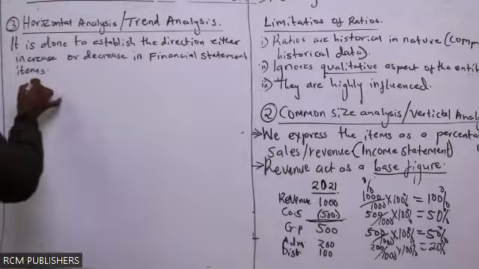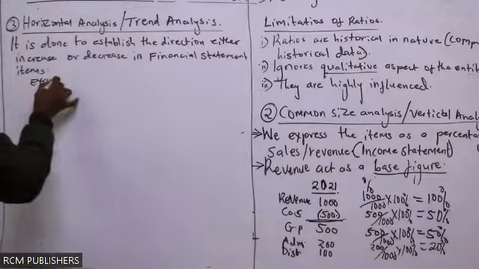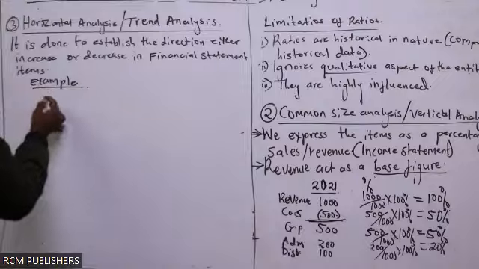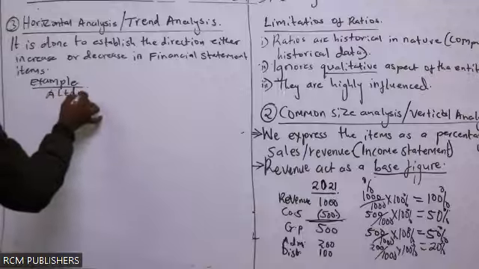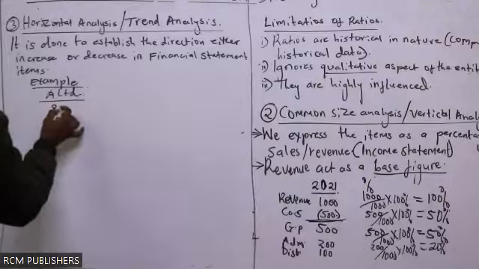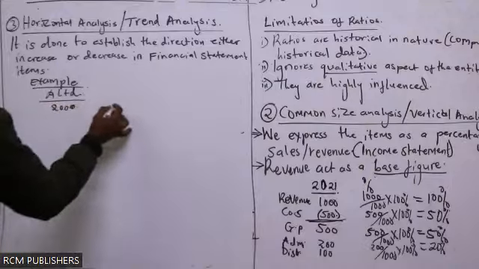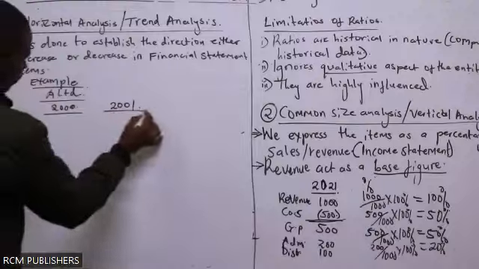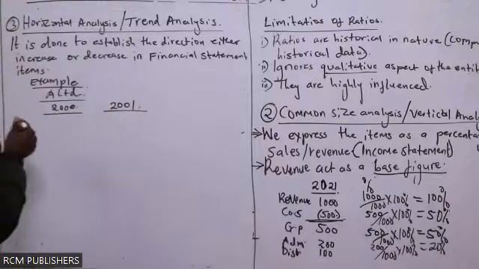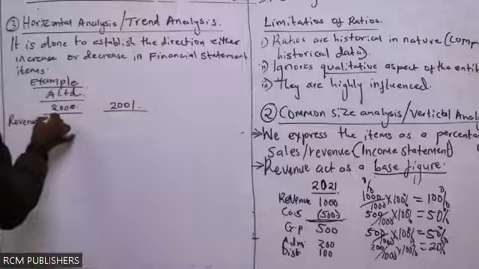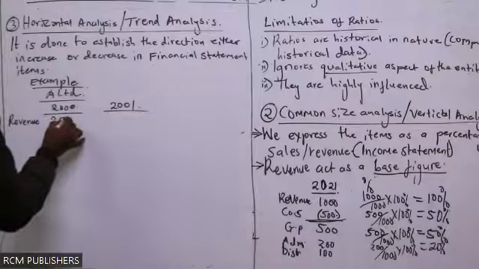For example, A Limited, financial statement year 2000 and 2001. So in the year 2000, we had revenue of maybe 2,500.